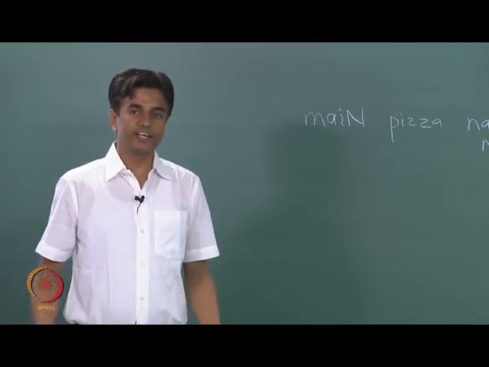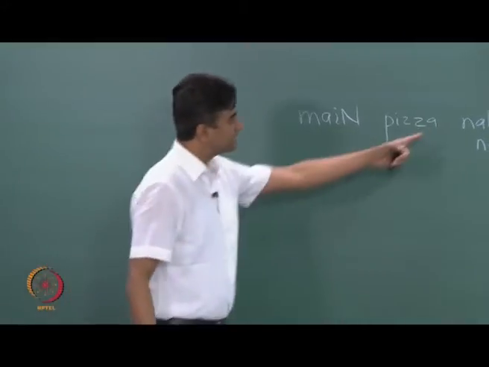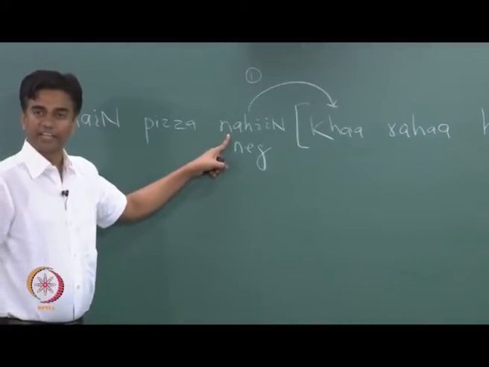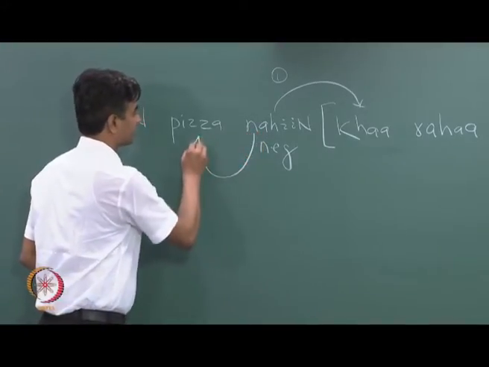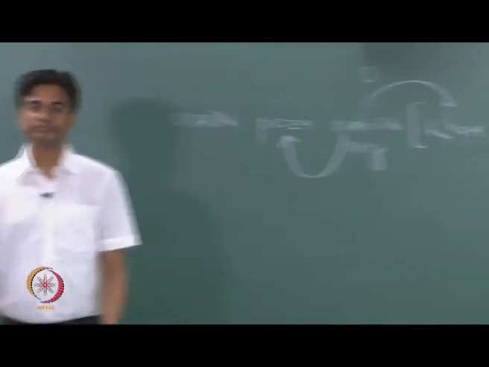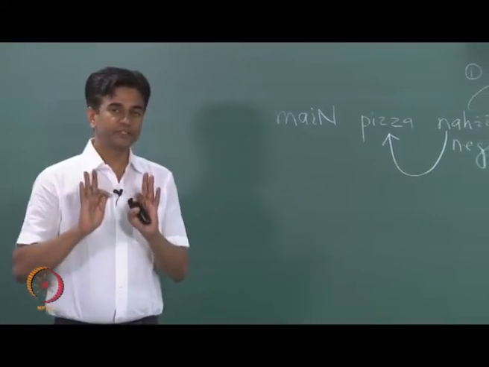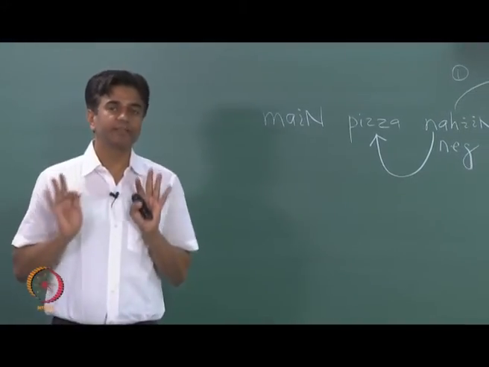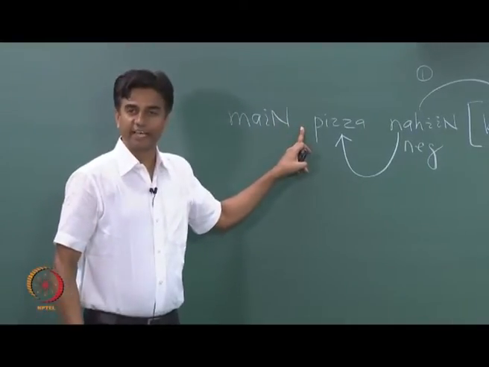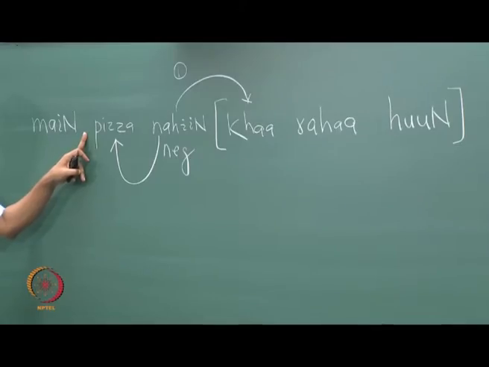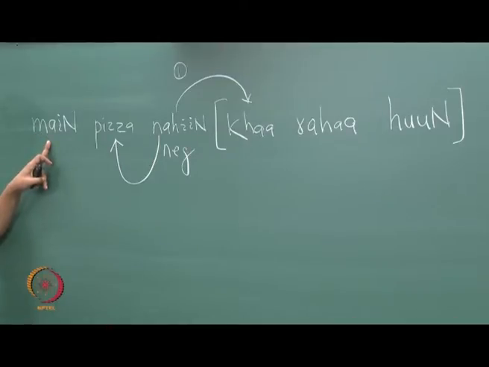In its secondary reading, this negation may also negate pizza. Listen to this carefully, may also negate pizza. Just like if it was available here, it would have negated this one.